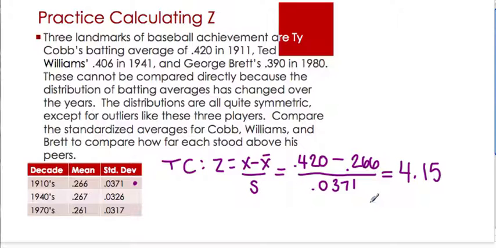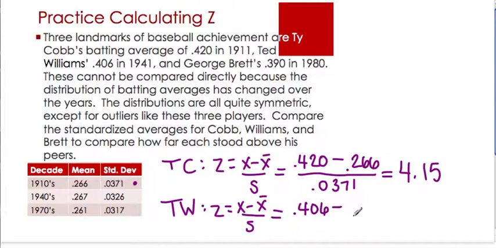Here is the z-score for Ted Williams. So it's x minus the mean divided by the standard deviation. Ted Williams' batting average was 0.406 minus the mean for his decade. He played in the 1940s.